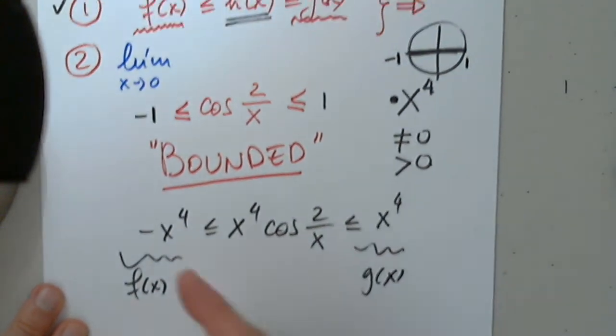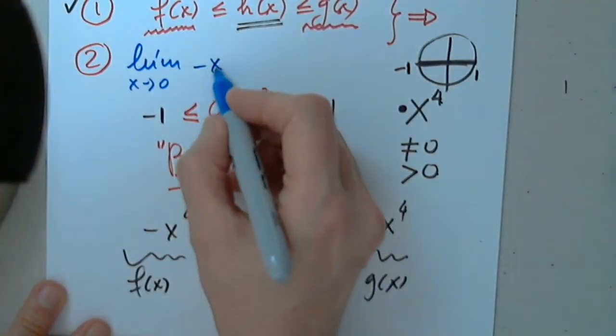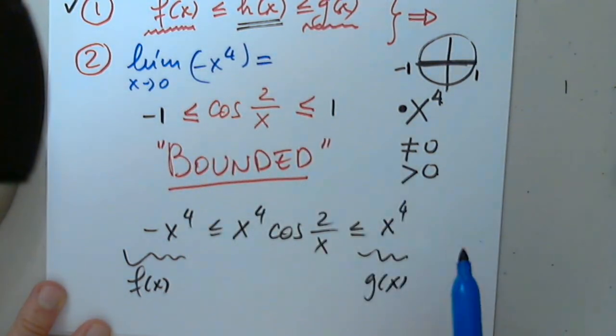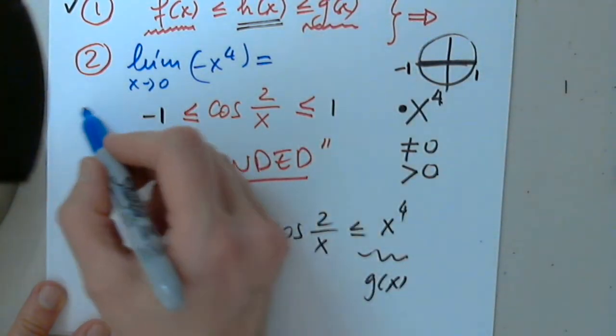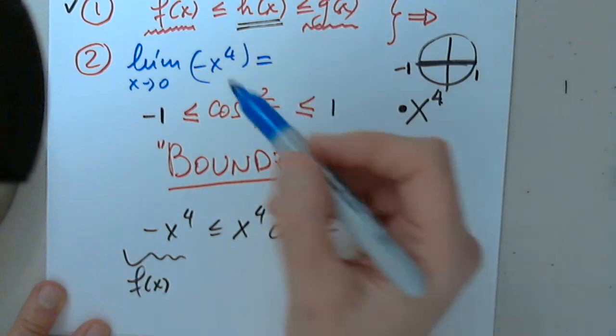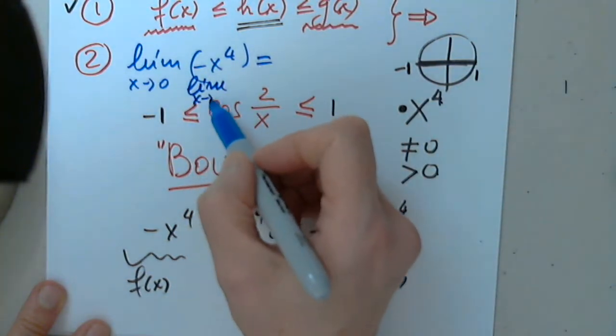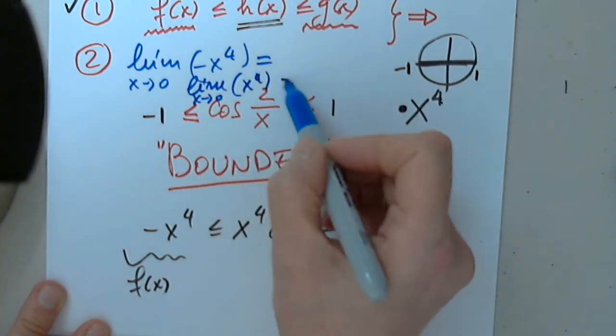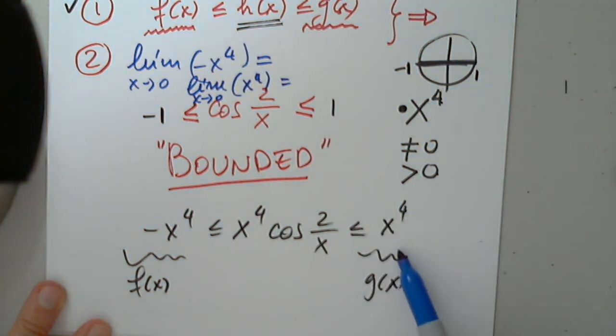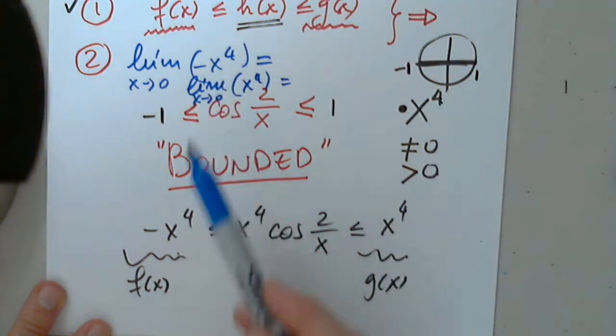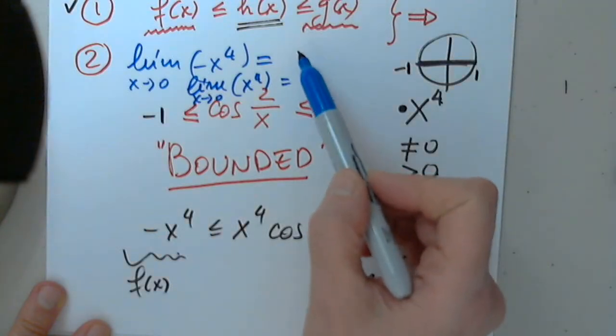The left. From negative x to the fourth. And then I have to find the limit. I don't have enough room here. Then I have to find the limit as x approaches 0 from x to the fourth, which is this one. So the limit from this and the limit from this. What are they equal to?